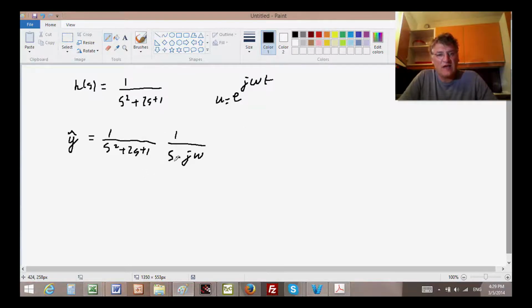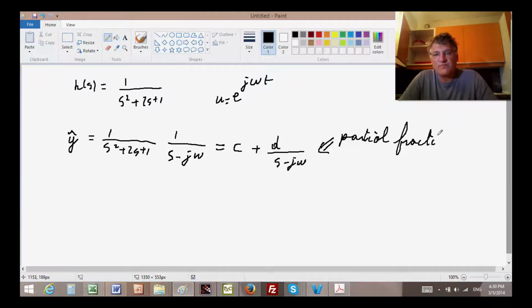I reduce that, so the effect of writing that is this equal to c plus d over s minus j omega is very much the same as a partial fraction expansion. Okay?